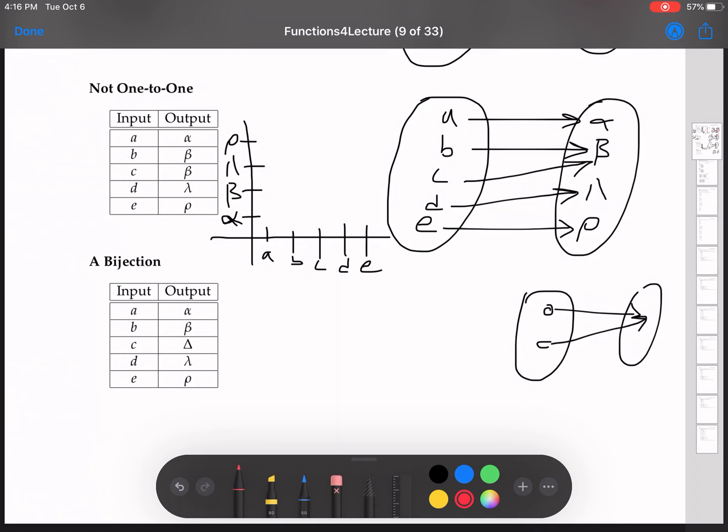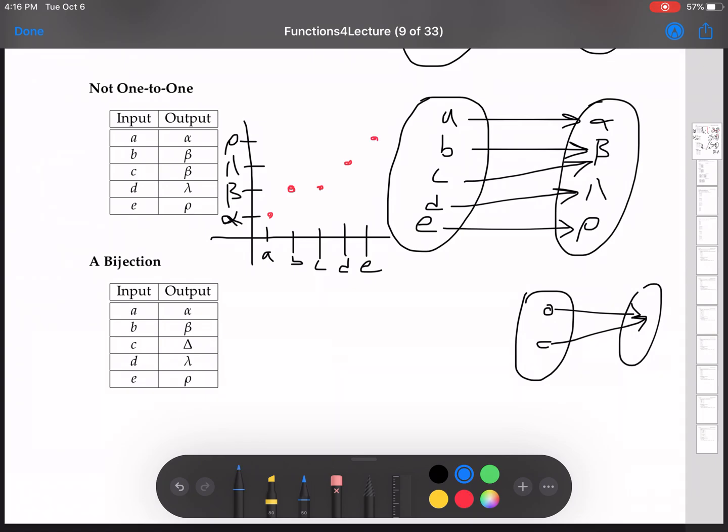A goes to alpha, B goes to beta, C goes to beta, D goes to lambda, and E goes to rho.